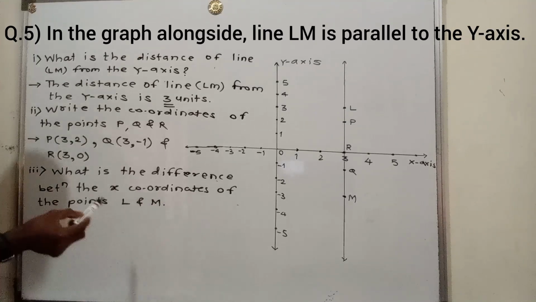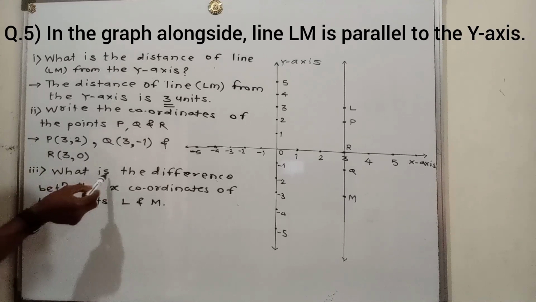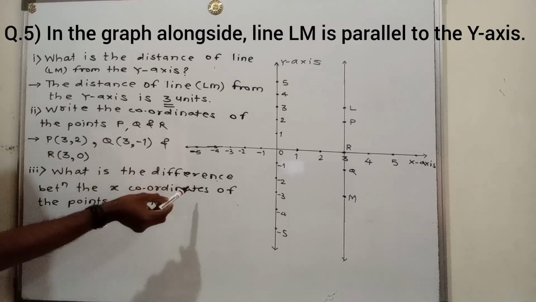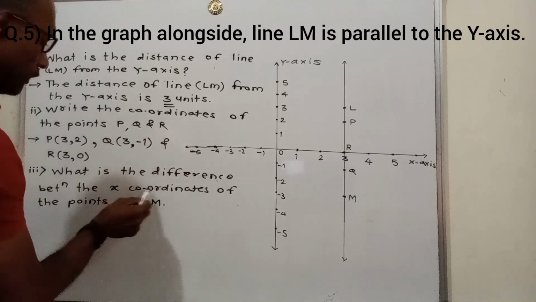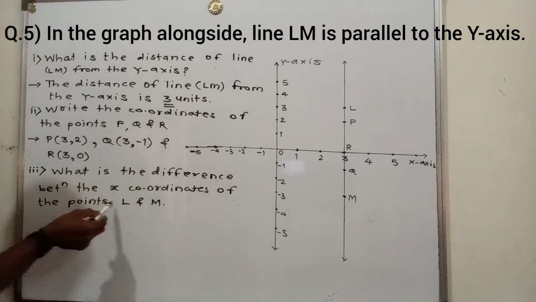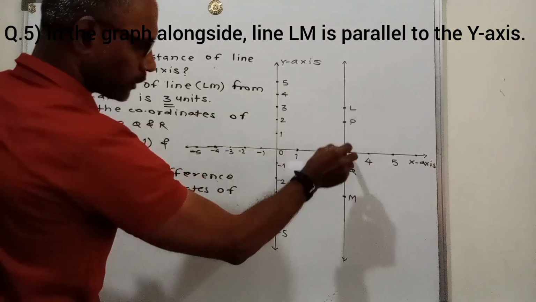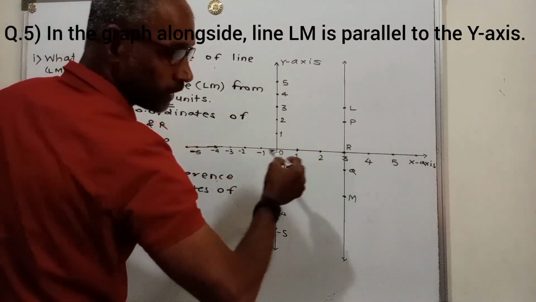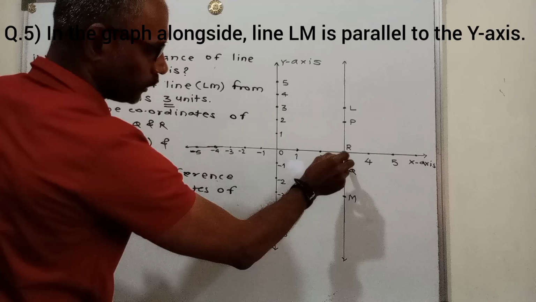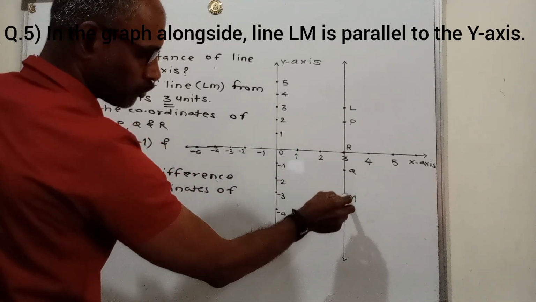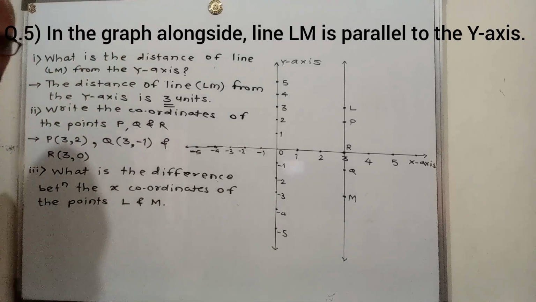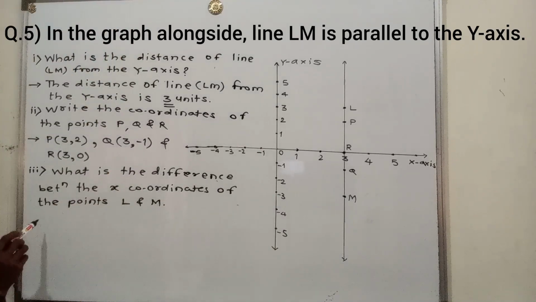See here. X coordinate means here, this is x-axis. X coordinate of L is 3 and x coordinate of M is also 3. Did you get it?